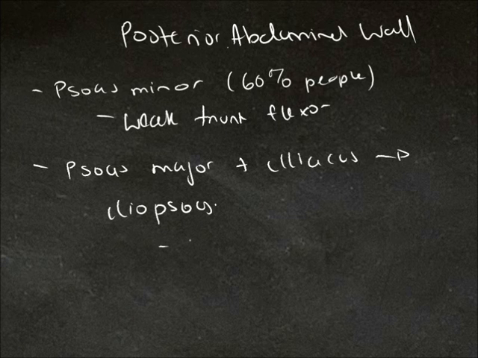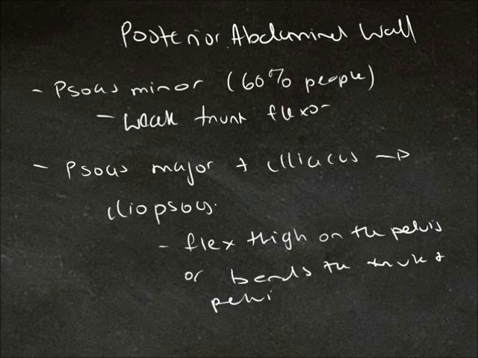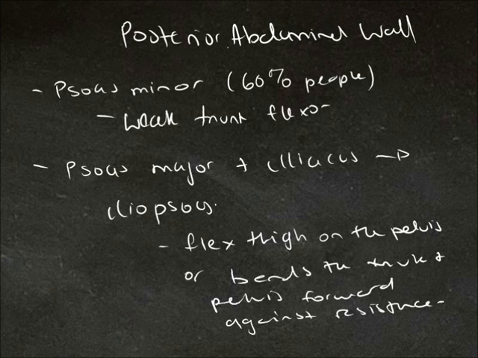And what this muscle does is it flexes the thigh on the pelvis, or bends the trunk and pelvis forward, against resistance, i.e. standing up. Psoas minor and psoas major are found underneath the medial arcuate ligaments.